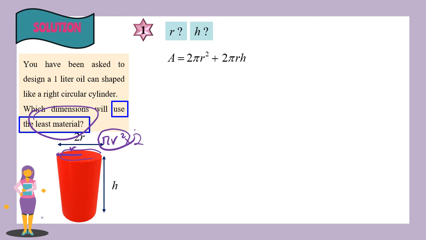And then to find the surface area for the body, it's actually in the form of a rectangle. So we have the height, which is equal to h, and then this side, the length, will be what? It's actually the circumference of the circle. How to find the circumference of the circle? It's the 2 pi r formula. So that's why we have 2 pi r h here for the surface area.